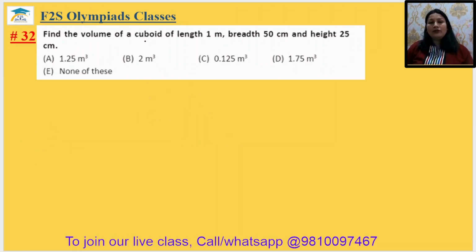32. Find the volume of a cuboid of length 1 meter, breadth 50 centimeter and height 20 centimeter. Here you can notice the units are of different variety. So just write volume of the cuboid will be length multiplied by breadth multiplied by height. So answer is given in meter cube only.